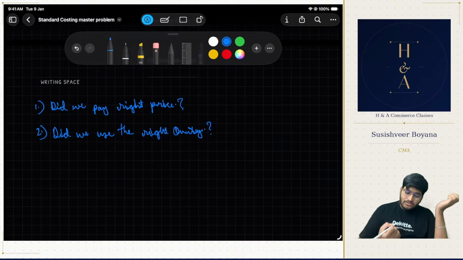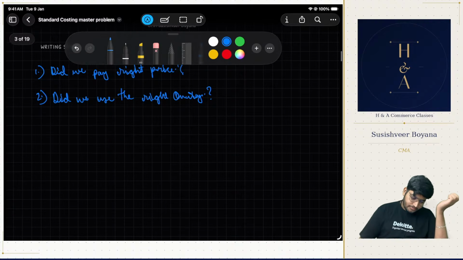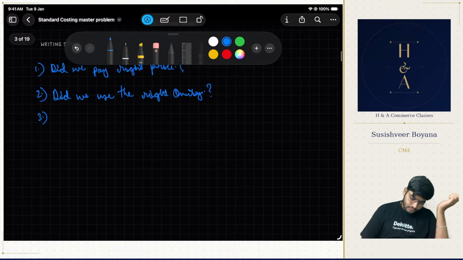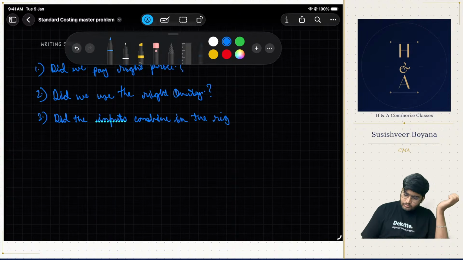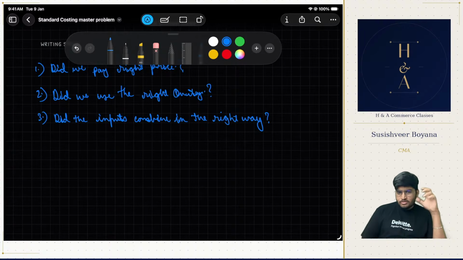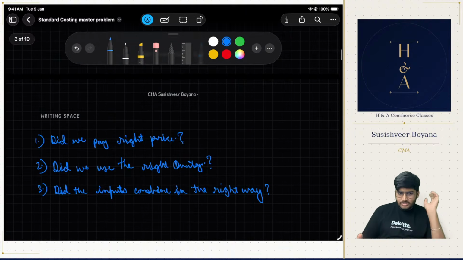Question number three: did the inputs combine in the right way? That means you added probably more meat to it. Meat requires more time to cook compared to regular rice, paneer, mushroom, or any other thing, right?